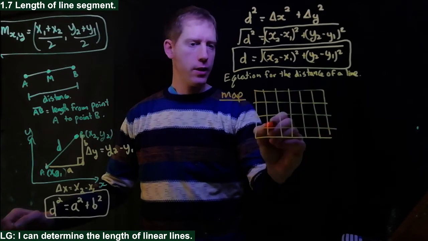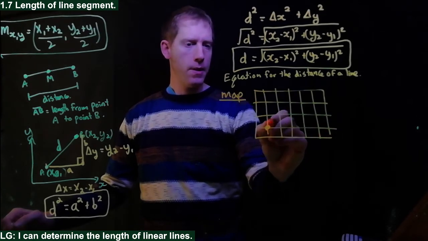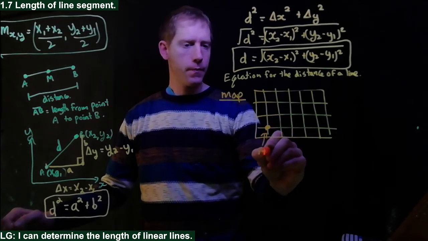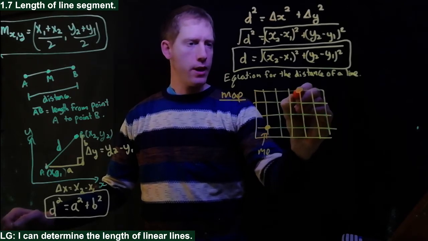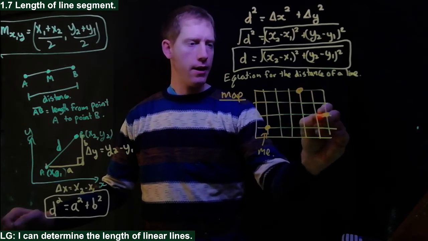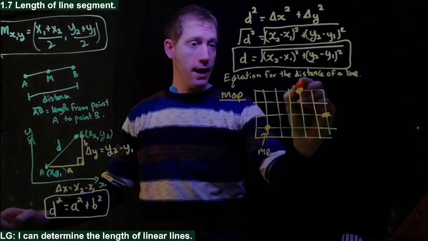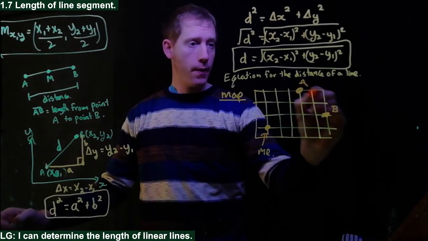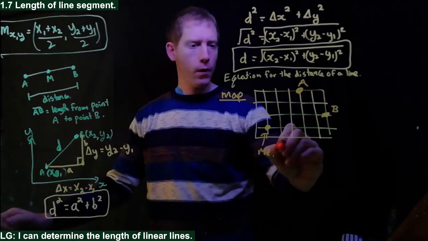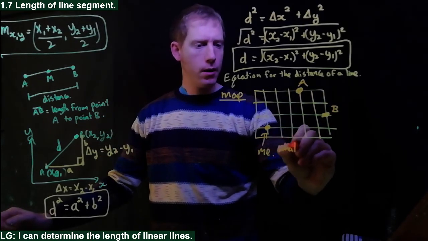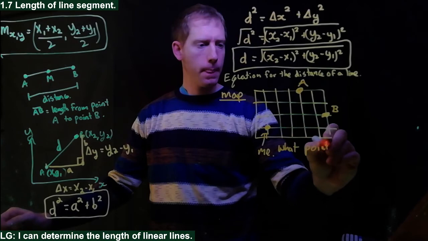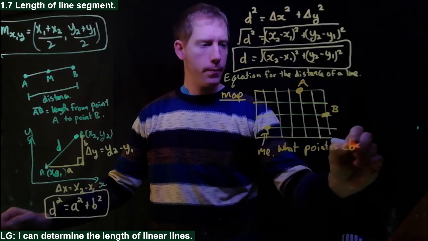And I can have some locations. Maybe this is me. And I can have some locations right here. I could have 2 points, A and B. And I want to know what point is closer.